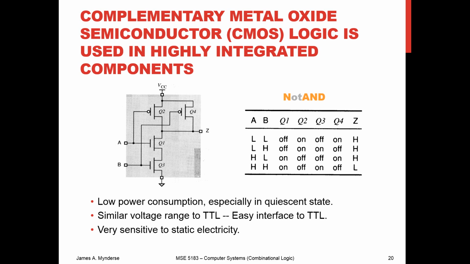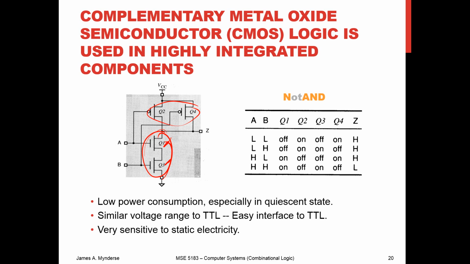So in this case, you can see I've got 2 transistors here, 2 transistors up here. If A and B are both low, then Q1 is off, Q3 is off because those are both powered by A and B, and then Q2 and Q4 are powered by not A and not B, so those are both on and the output is high. And you can work through the rest of these.